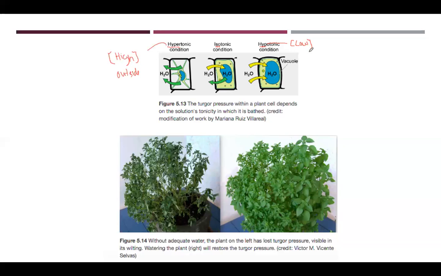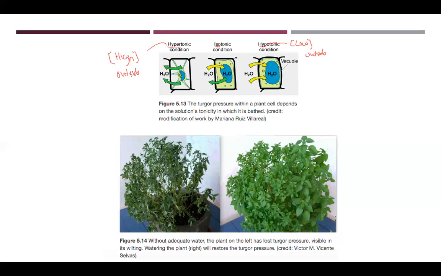So with a lower concentration outside of the cell, the water is going to rush into the cell. Now, I like to memorize hypotonic by thinking hypo going to blow up, because if there's too much water, it's going to blow up the cell. So if the outside has a very low concentration, then it's going to push all the water inside the cell and blow up the cell.